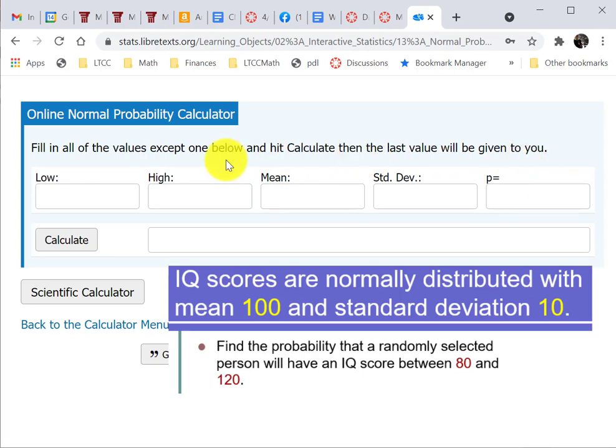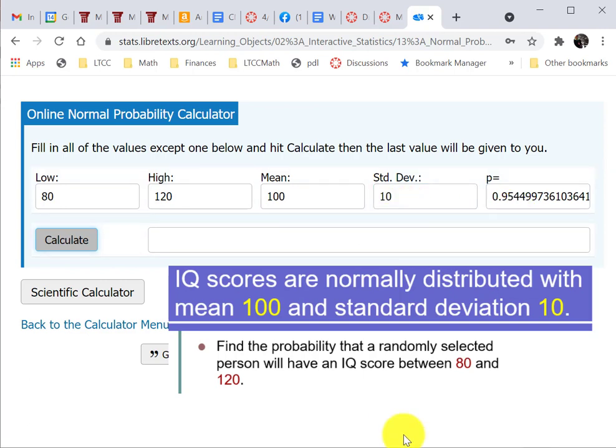We wanted to find the probability that it was between 80 and 120. So the low is 80, the high is 120, the mean was 100, that was given, and the standard deviation was 10. I leave the probability part blank, and I hit calculate. And I get about 0.95.